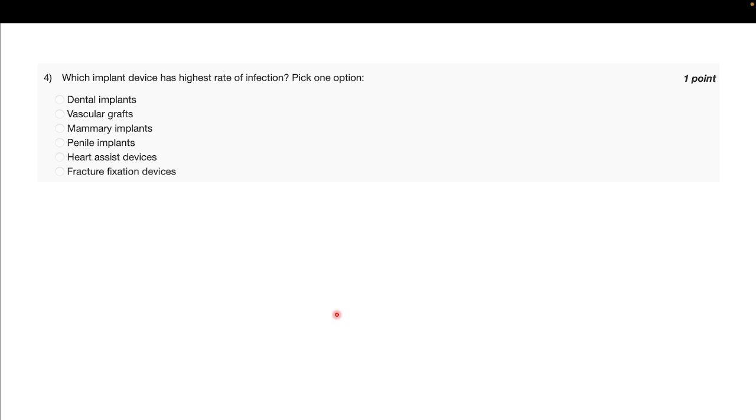Option 5. 1, 2, 3, 4. Okay, heart assist devices. Thanks for answering. Anybody else? Okay, we'll look at the answer. You're correct. Heart assist devices have the highest rate of infection.